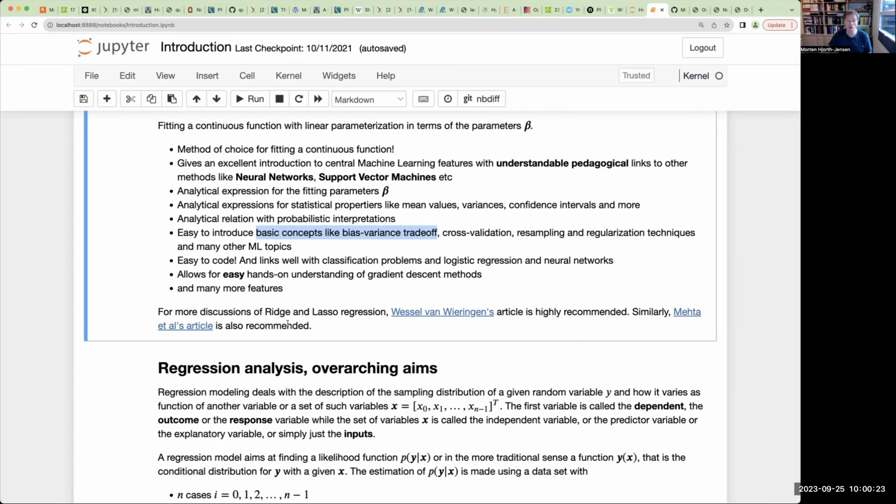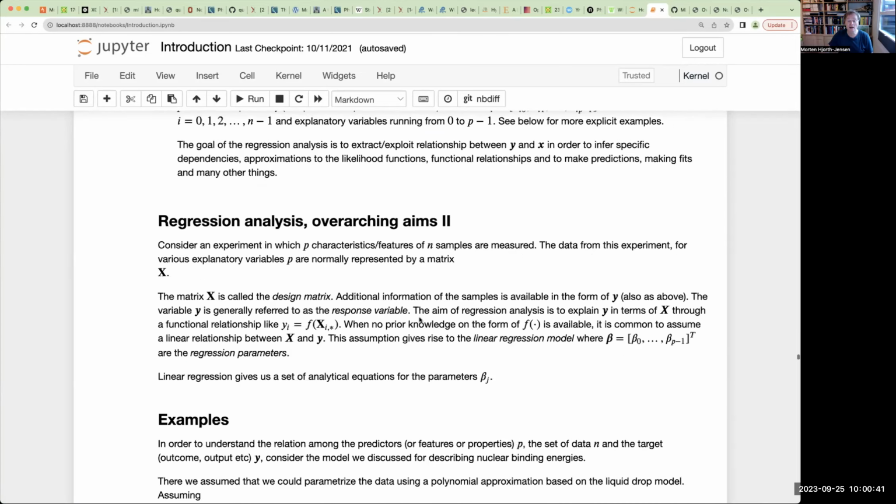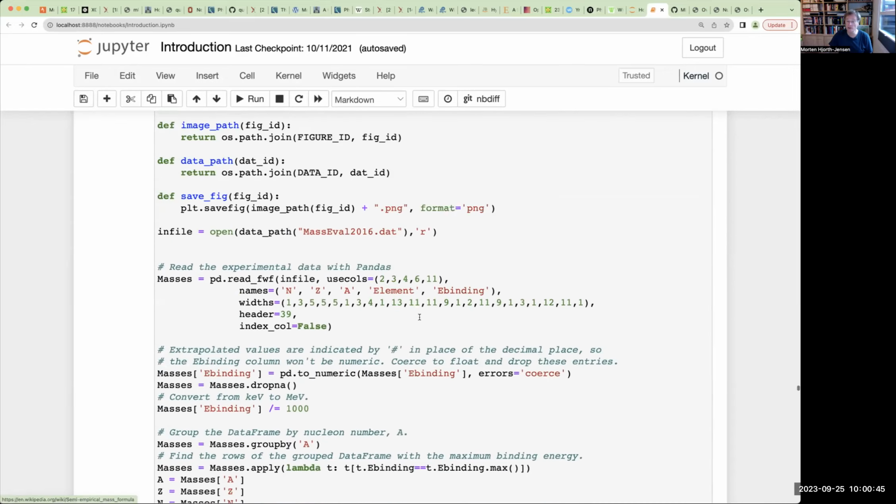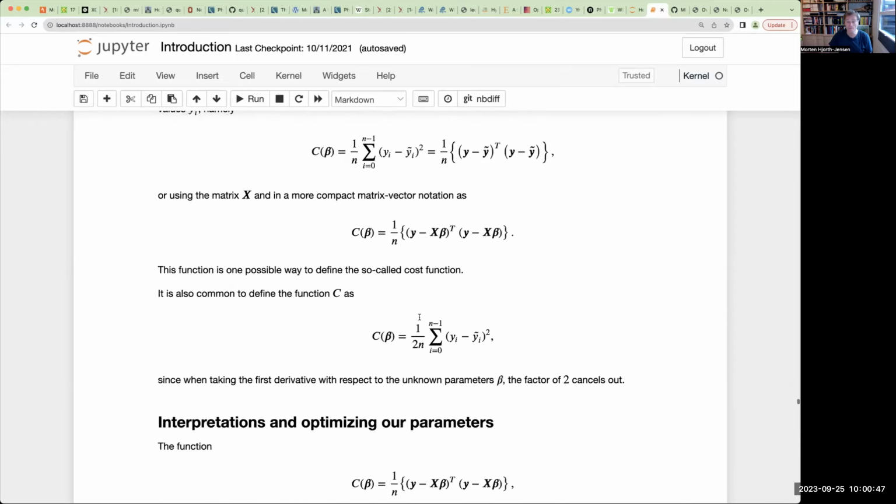It's a paper which contains Jupyter notebooks for every single example they have, so you can reproduce all the data sets which they have analyzed. Both papers are very pedagogical. And if you scroll down, you will see the derivations of the things which we discuss, and more examples.